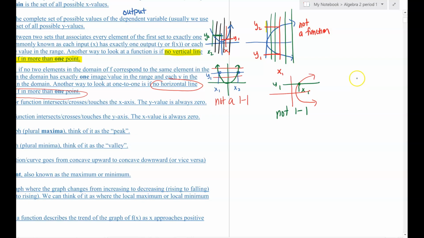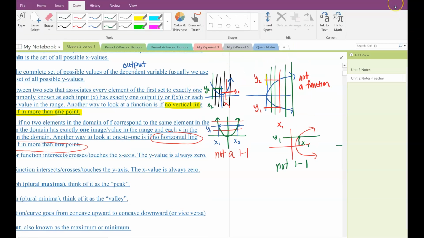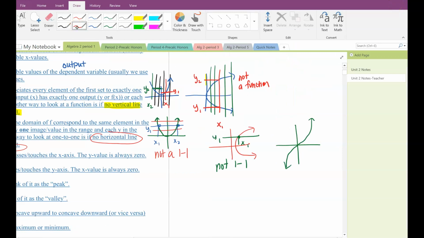Now, what would a one-to-one function look like? How about this? First, you have to prove that it's a function, meaning that one x can only intersect one y. So here's x number 1. Nice. There's only one y value that is crossing. So it doesn't matter how many vertical line tests I draw, it will always intersect one point.